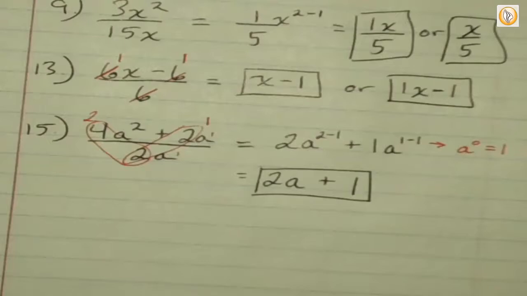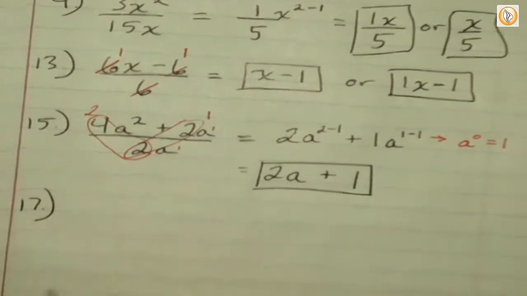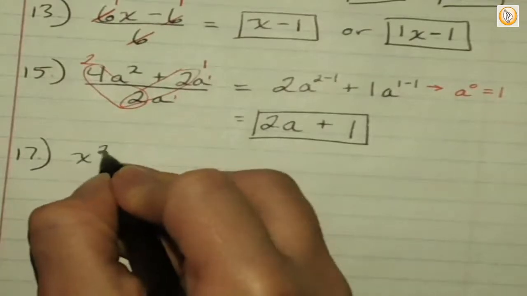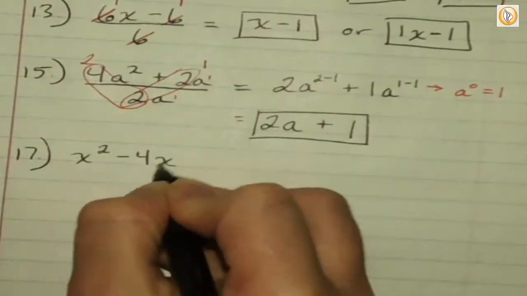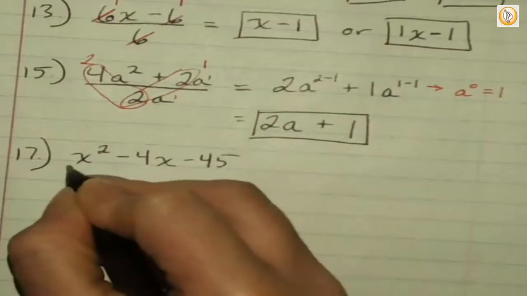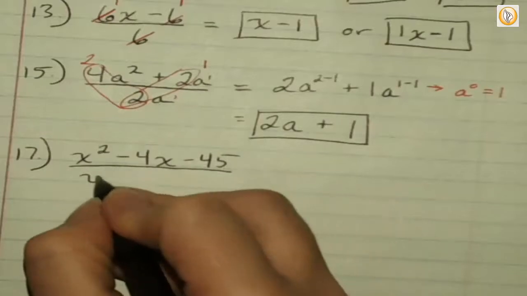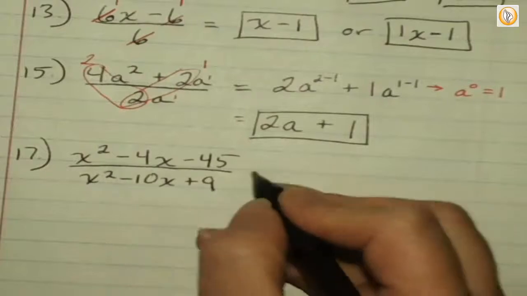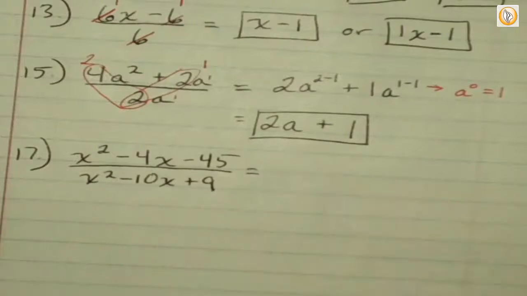All right, 17 says simplify, leaving each answer in factored form. State any excluded values. All right, Franz, I'm going to get to you. New. X squared minus 4x minus 45 over x squared minus 10x plus 9. Okay, so the first thing we need to do is simplify it. So we need to factor top and bottom.